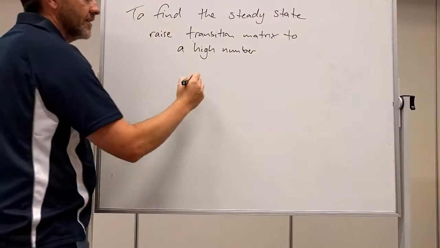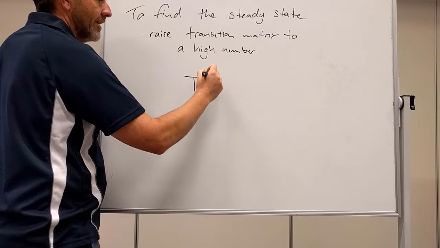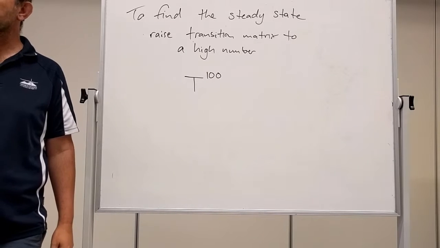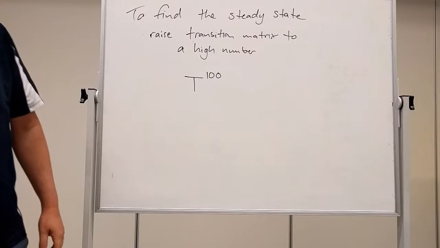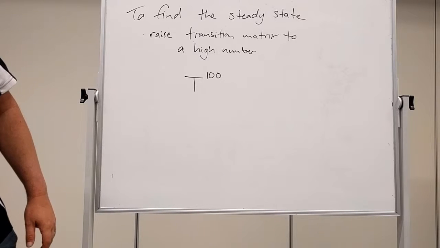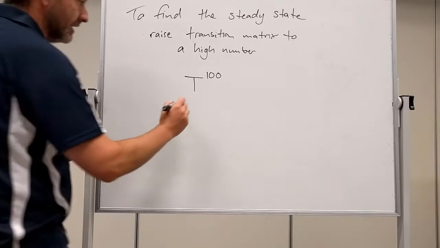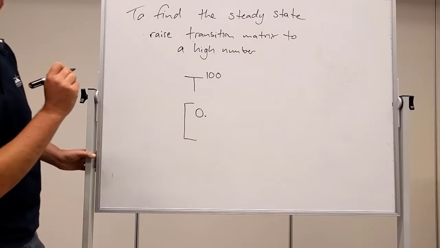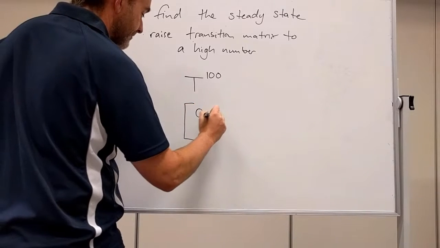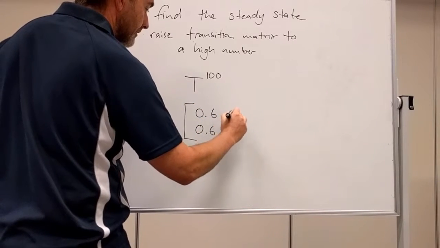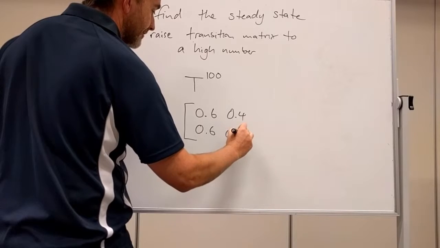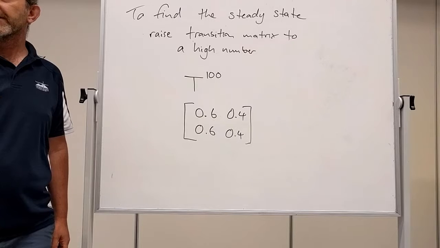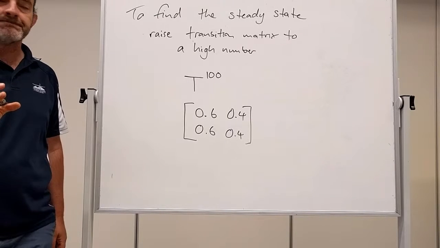So, if I get the matrix T and I put it to the power of 100, transition matrix times transition matrix times transition matrix, eventually what I'll get is a steady state. Eventually what I'll get is 0.6, 0.6, 0.4, 0.4. And when it's steady like that, we know that it's not going to go any further.